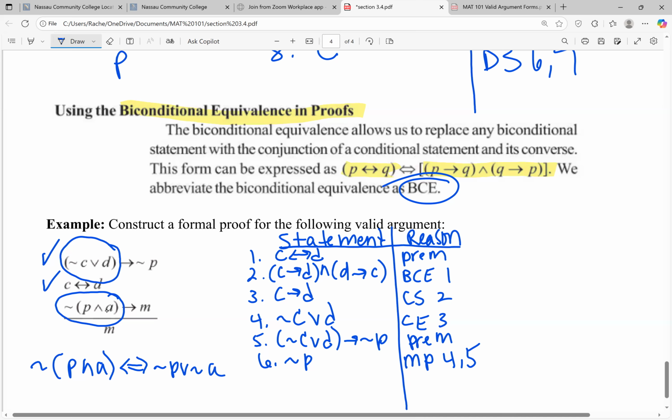Well, look, statement 6 is not P. Can I just say, okay, not P or not A is true, right? By my disjunctive addition. If I already know not P is true, I could join anything I want to it using my disjunction. It's still going to be true. So let's join not A, because that's going to help us right now, right? So this is the disjunctive addition on statement 6.